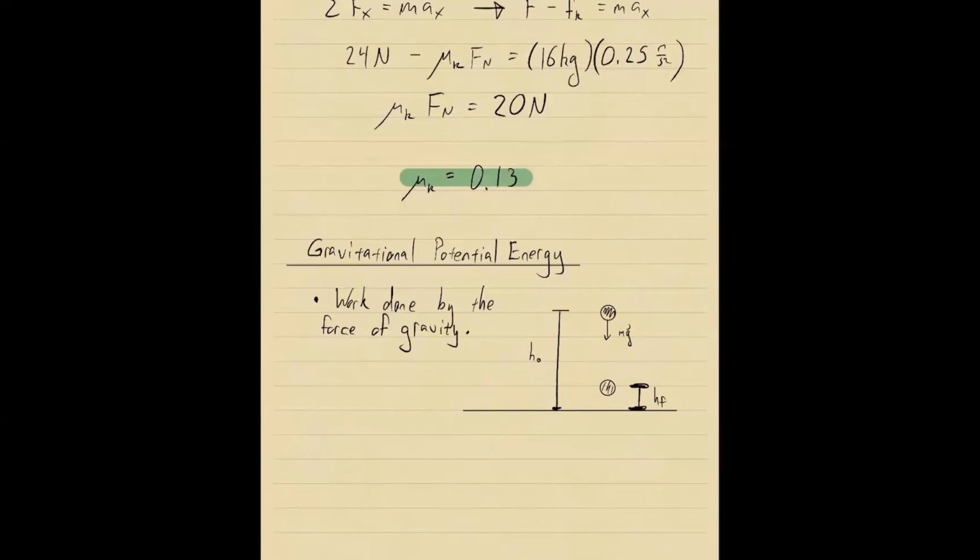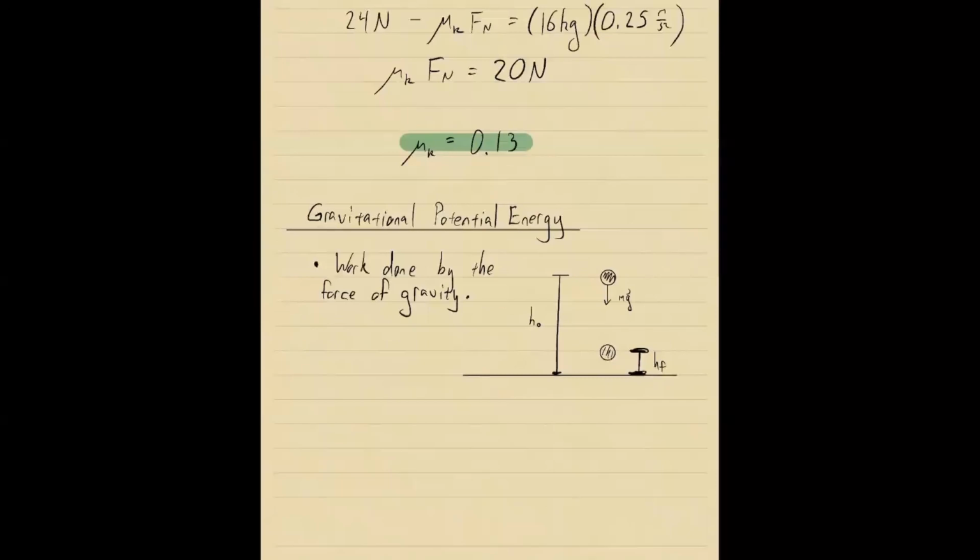So we can calculate the work done by gravity, because the work done by gravity is equal to the force of gravity times the displacement times cosine of theta. In this case, the force of gravity is pointing downwards, and our displacement is also going downwards. So this angle theta here is going to be 0.